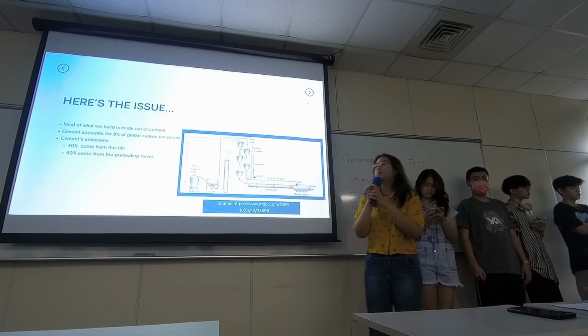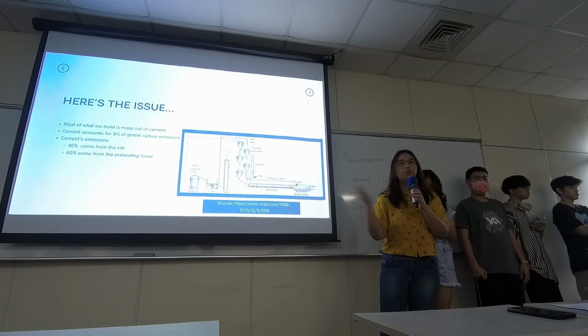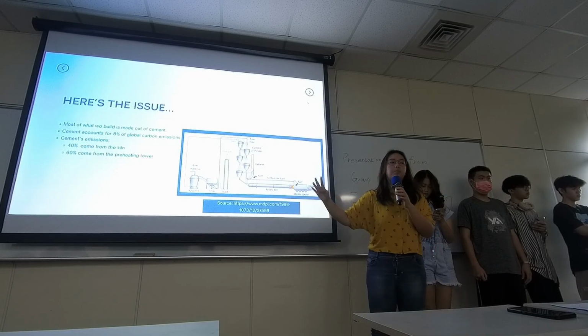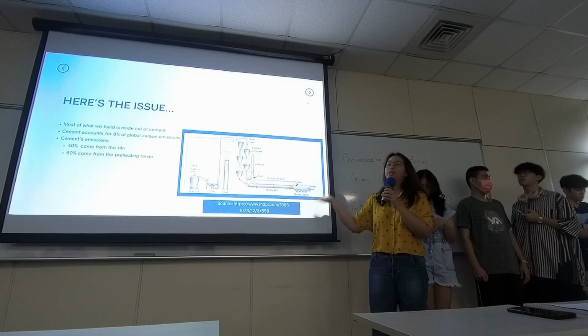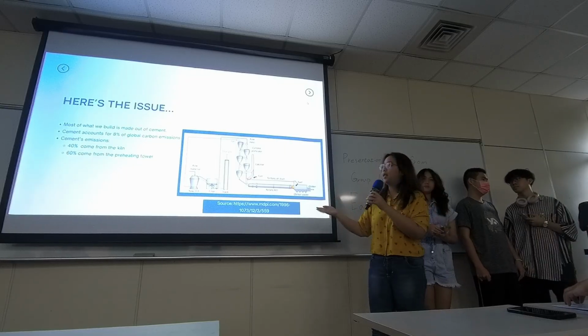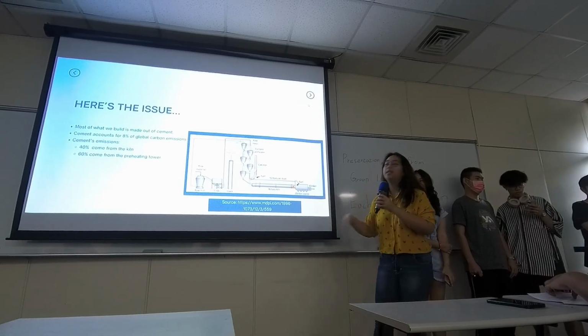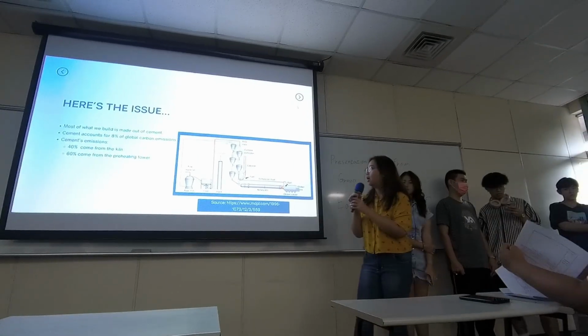The problem comes from how it's made, not from the cement itself. 40% of the emissions during the making process come from the kiln, while 60% comes from the preheating tower before the cement is made. Next slide.